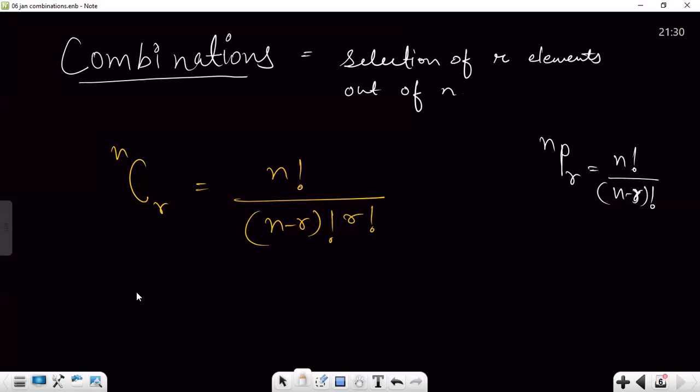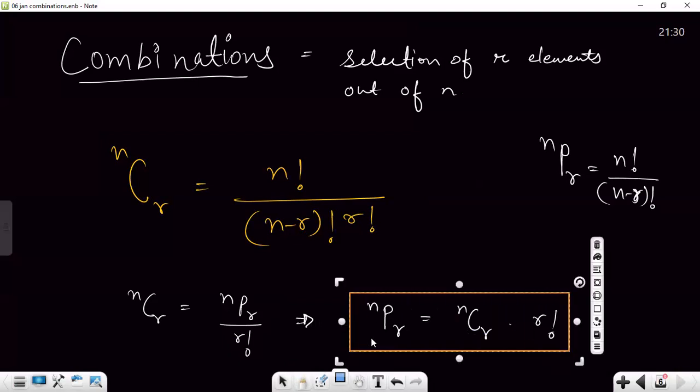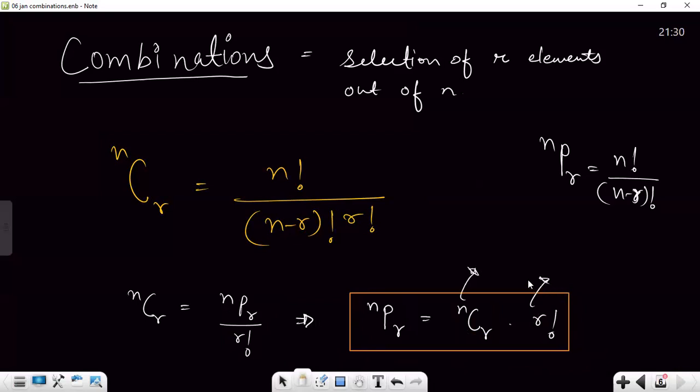We can also write nCr equal to nPr divided by r factorial, or nPr equals nCr into r factorial. From here you can understand very nicely that the permutation of r elements out of n is first the selection of r elements out of n and then the arrangement of r elements among themselves.